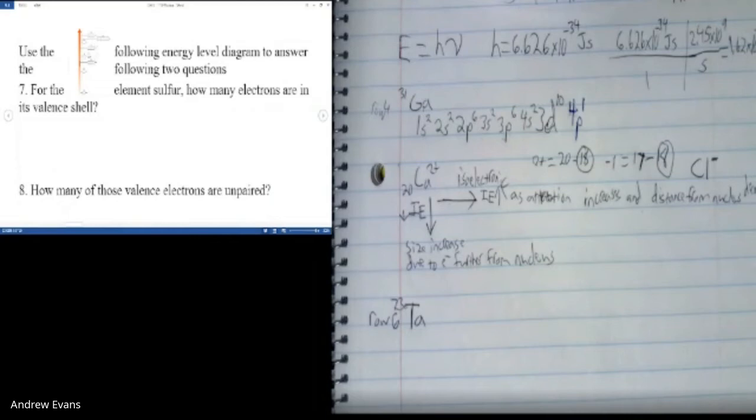Okay, use the following energy level diagram to answer the following 2 questions. This is when I increase the size, that's what caused this goof.